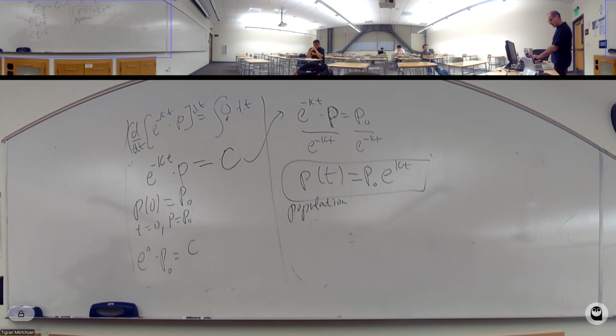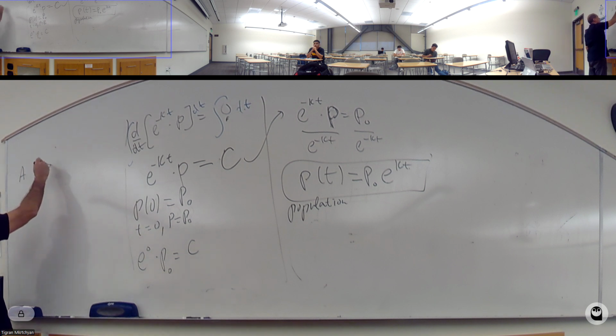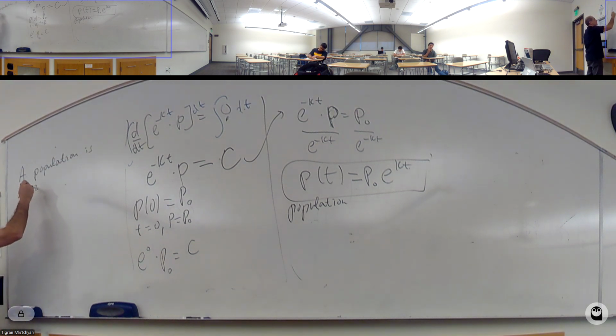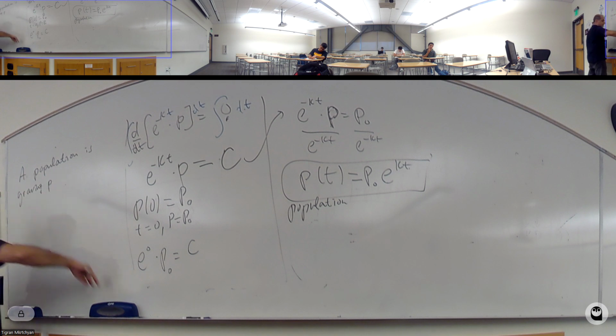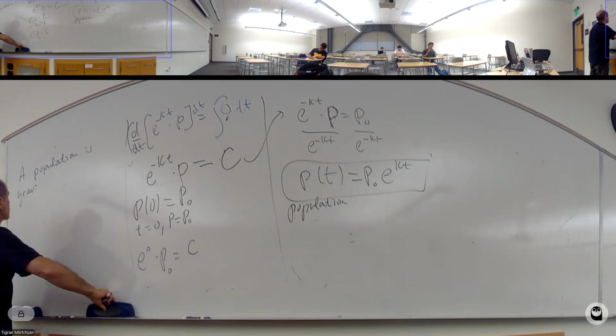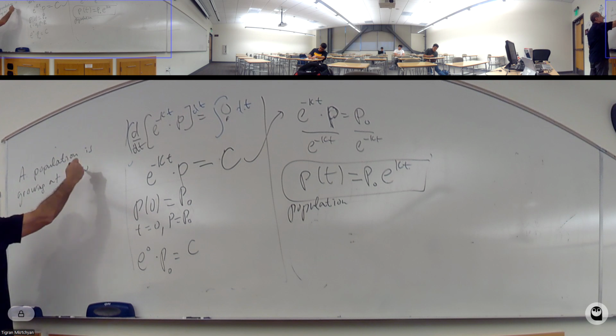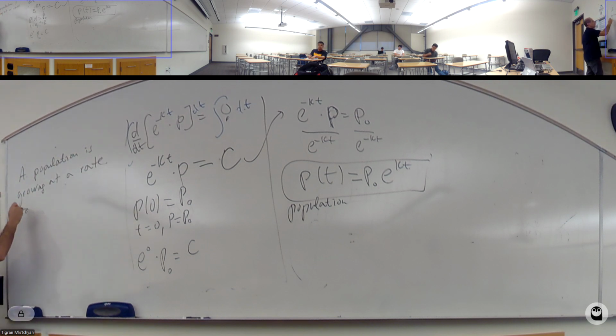The population, because 2 refers to 1. The population of a community is known to increase at a rate proportional to the number of people present at time t. So a population is growing at a rate proportional to the number of population.